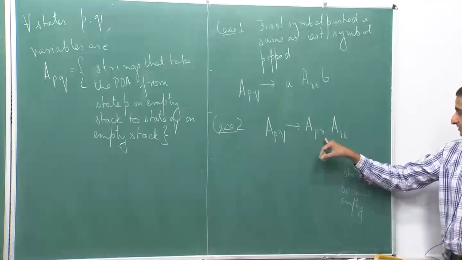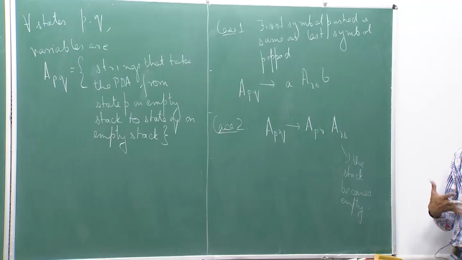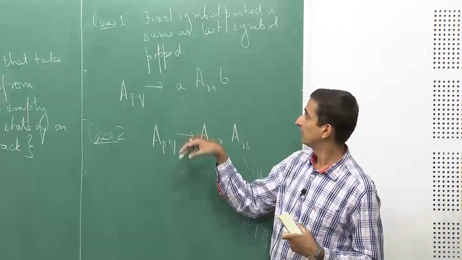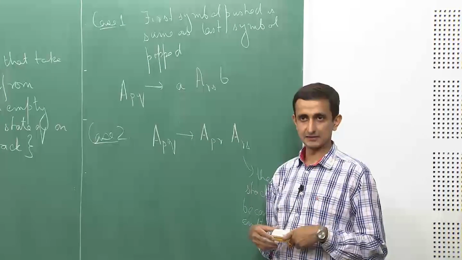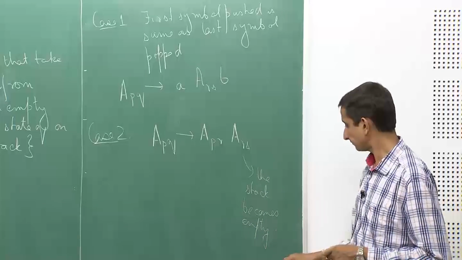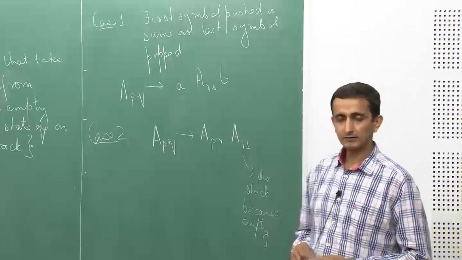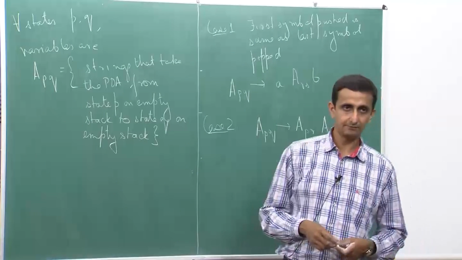So, this is the position where it becomes empty, because it needs to become empty at some point, because the two symbols are not the same. Okay. So, I will stop here and we will continue next time. Thank you.